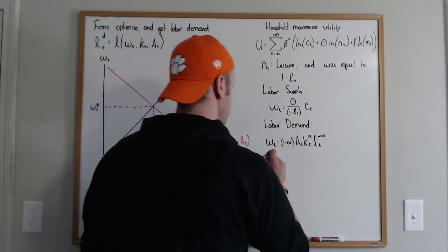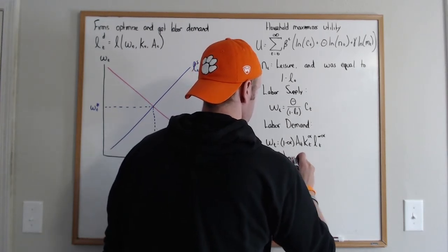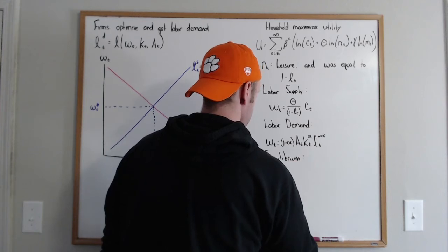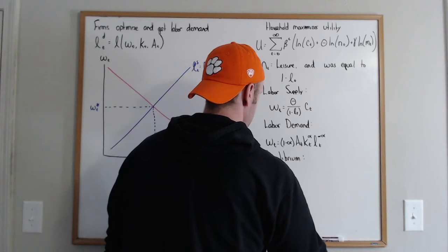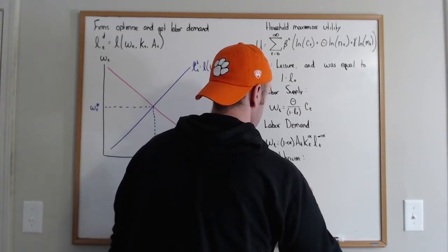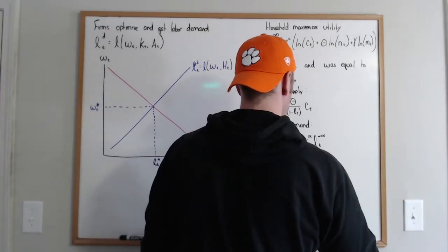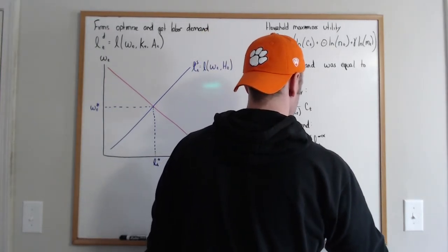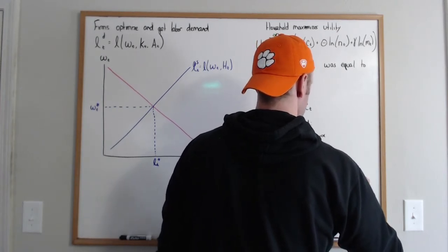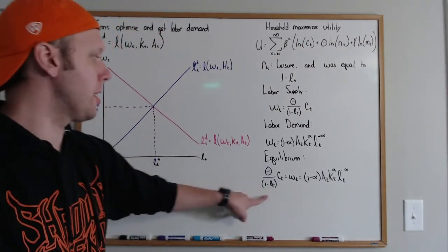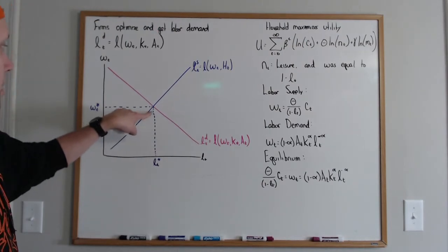All right, so in equilibrium, labor supply, which is equal to the real wage rate, is also equal to the marginal product of labor, like that. All right, so this is the equilibrium, which is defined by this point right here.